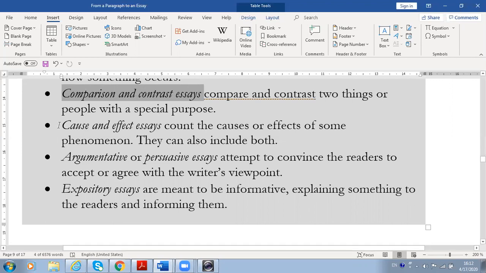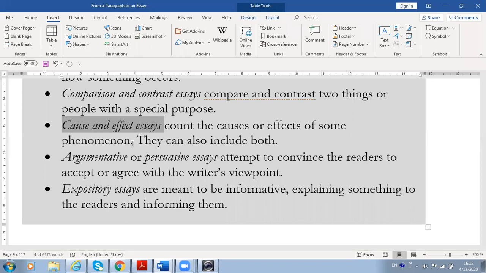The next one is cause and effect essays. In cause and effect essays, usually you're focusing either on causes or effects of something. For example, when you're talking about the causes of coronavirus or the causes of memory loss, okay, this is called a cause and effect essay.